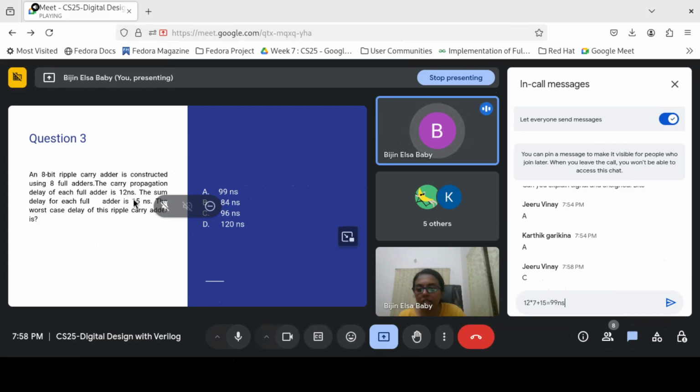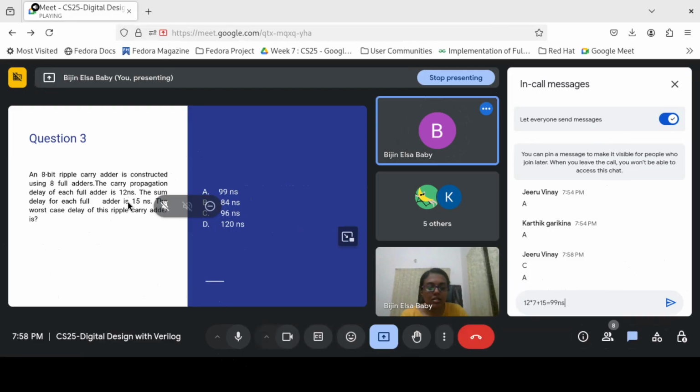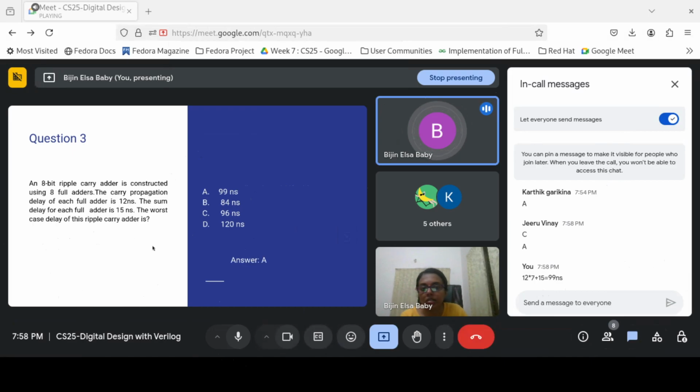So it will be 12 into 7 plus 15, which is 99 nanoseconds. So option A, 99 nanoseconds.